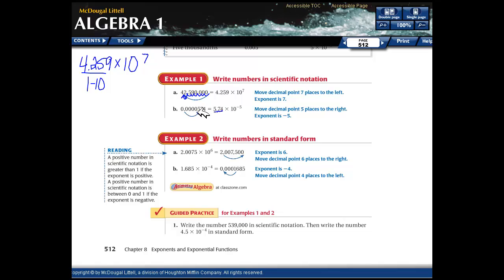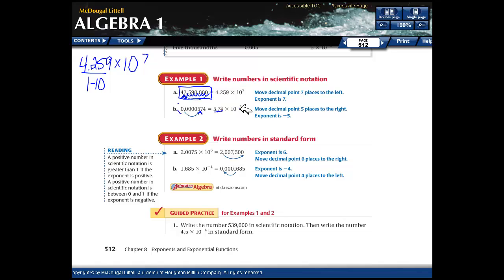It has nothing to do with how many times you moved it. It has to do with what kind of number it is. Here's how I tell you to remember it. If, in standard form, it is a number bigger than 1, it will have a positive exponent. If in standard form it is a number less than 1, it's going to be a negative exponent. Okay? So a lot of people, trying to remember it, say, oh, if I move it to the left, it's this.